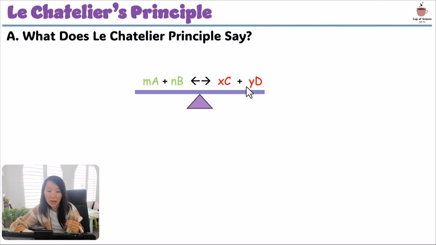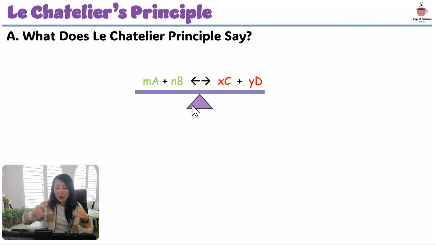Well, it also has the ability to go in a reverse direction, where the C and D form into A and B. And this point in time where the teeter-totter is evened out or balanced, not necessarily in concentration, but it is at equilibrium. So this balance point is at equilibrium.